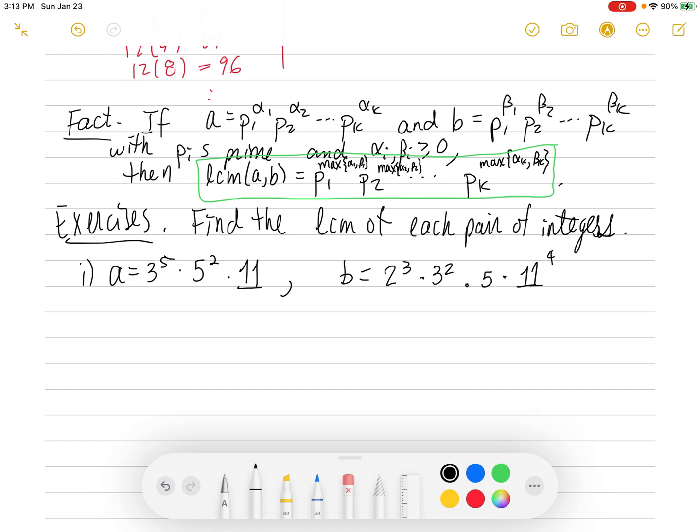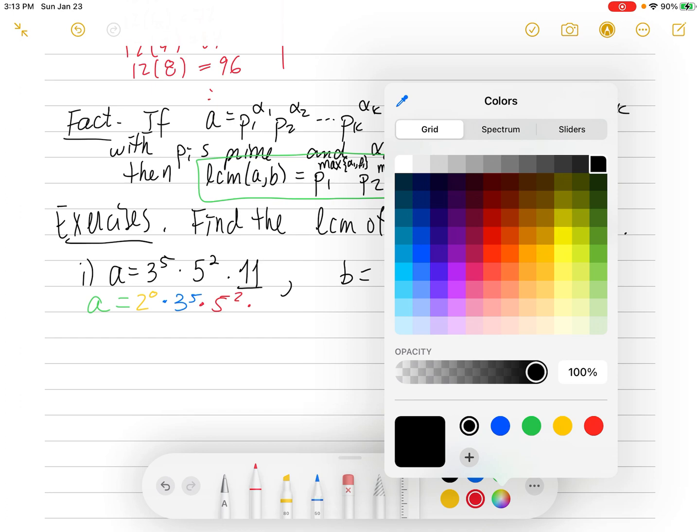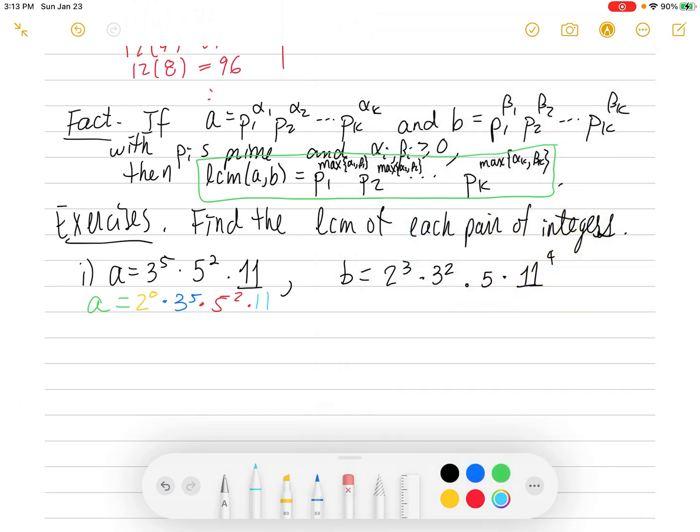So I have this in prime power factored form. Notice a doesn't have the prime 2 though, so we'll write for a, 2 to the 0 times 3 to the 5th times 5 squared times, for 11, 11 to the 1.